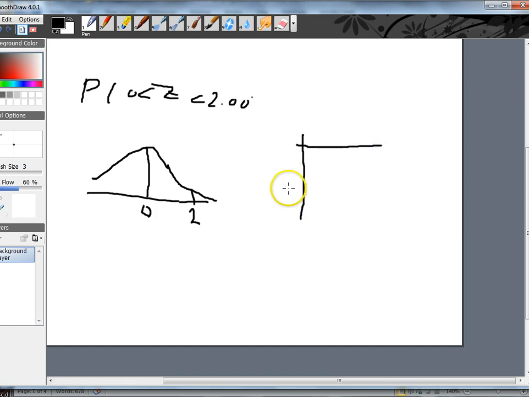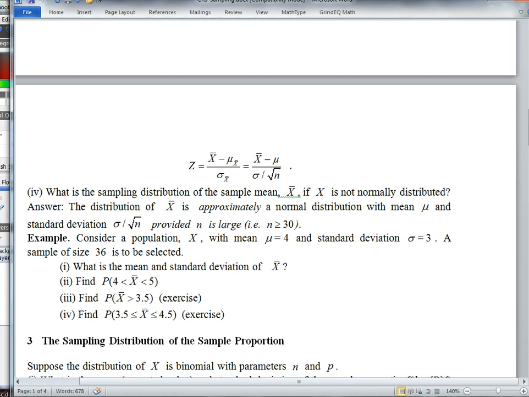I go to 2.0 here, and my second decimal is going to be 0, so this would be my answer, which I read from the z table, and that's going to be equal to 0.4772. That's the answer for this question. Okay.